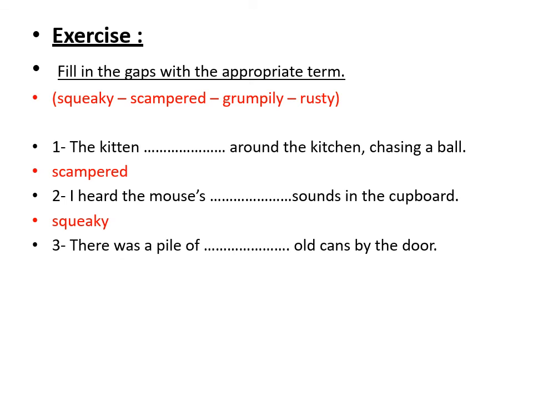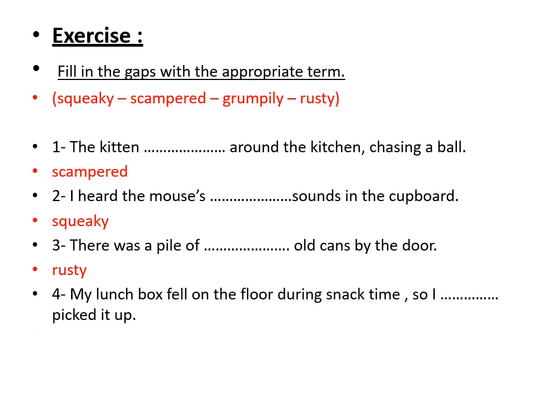Number 3: There was a pile of space old cans by the door. Now we're searching here for a word that describes the word cans, right? Cans are metal, so which word do you think we will use? Rusty. Excellent. There was a pile of rusty old cans by the door.